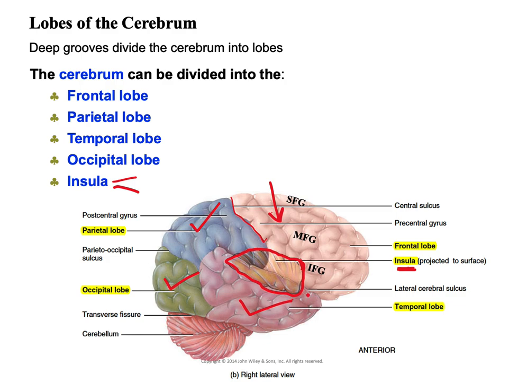You have to open the two lips of the lateral fissure, so you remove the superior temporal gyrus, and the frontal and parietal parts, to get in deep and see the insula. But in a cross section, you can see it anyway. Some authorities consider it a separate lobe, but other authorities consider it part of the temporal lobe, which is up to you.